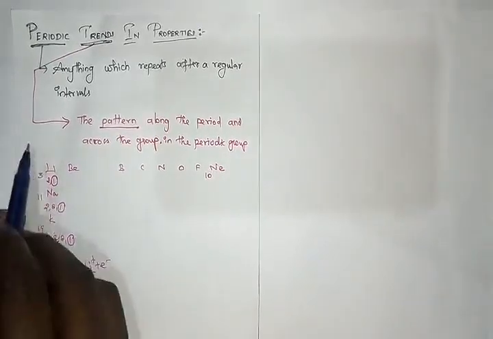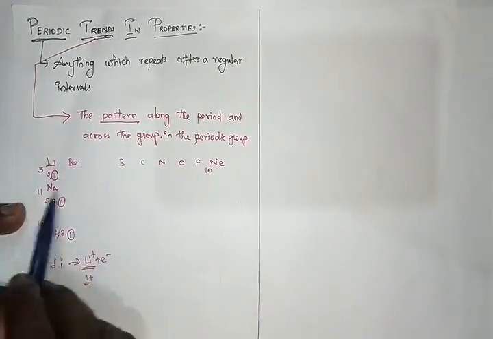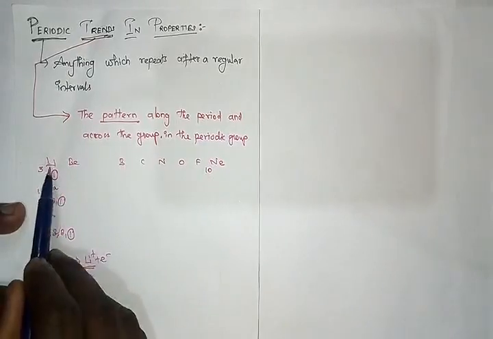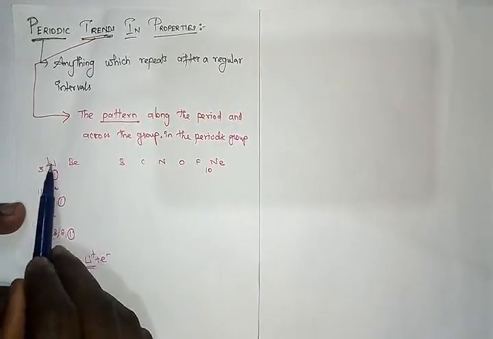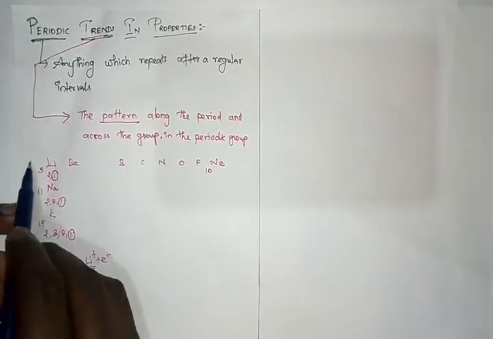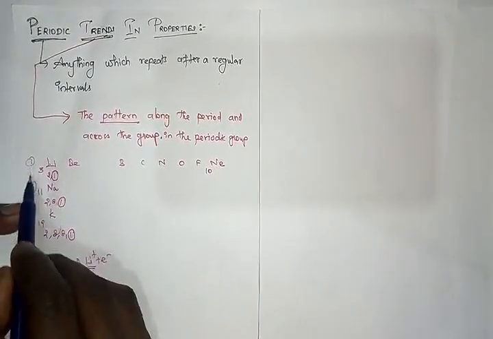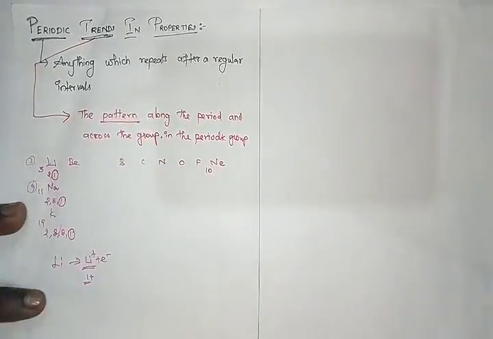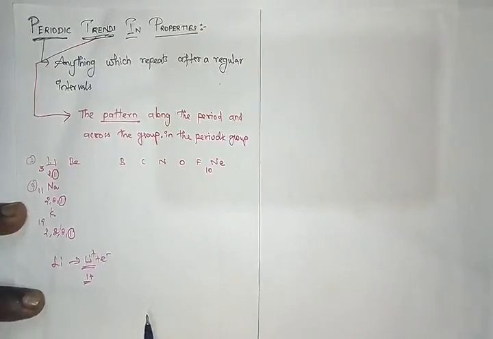So the periodicity repeats after every particular interval. Check out. So from lithium 1, 2, 3, 4, 5, 6, 7, 8, 9. So the 1st and 9th elements have the same property in the second and third period, right? So that is an idea.